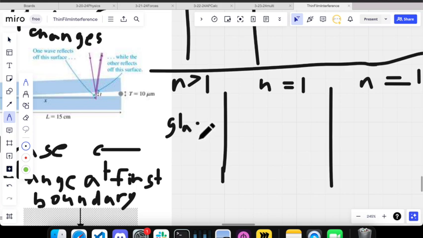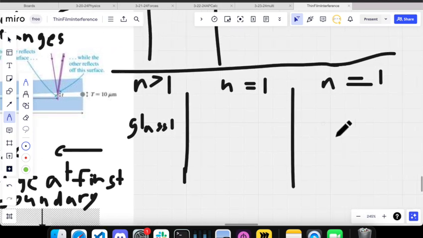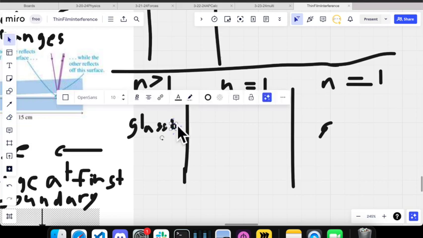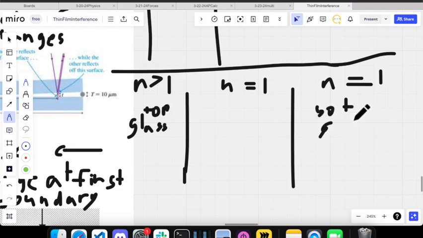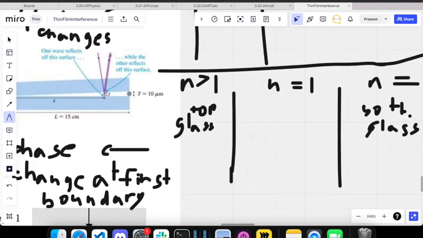Okay, let's call this the top glass, and this the bottom glass. And then this is the air strip, so the air in between.